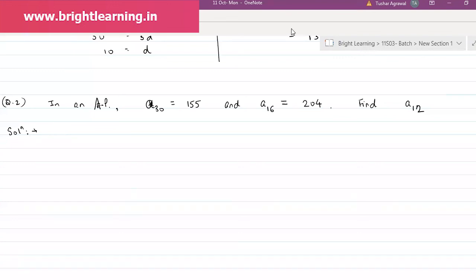So A30 and A16, how are they related? They are related by a difference of 14 jumps. 14 jumps means 14D.